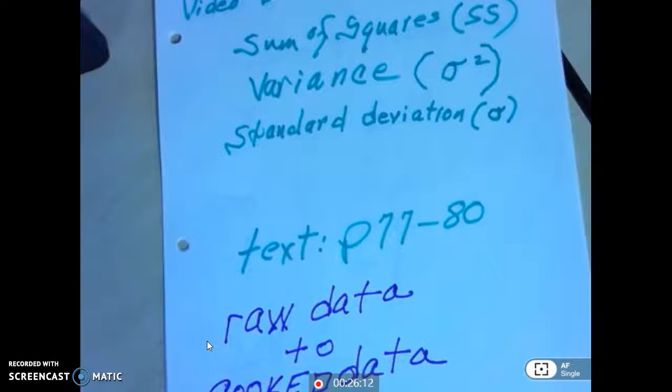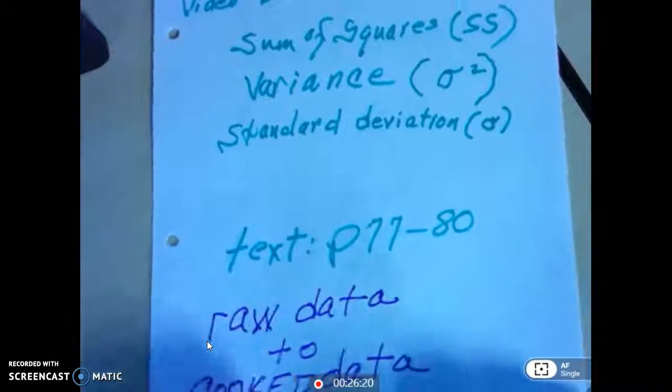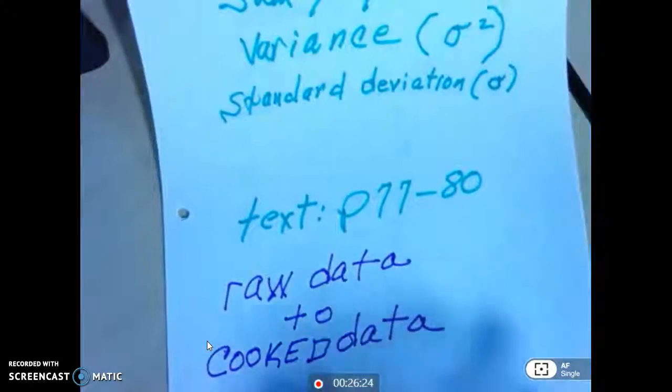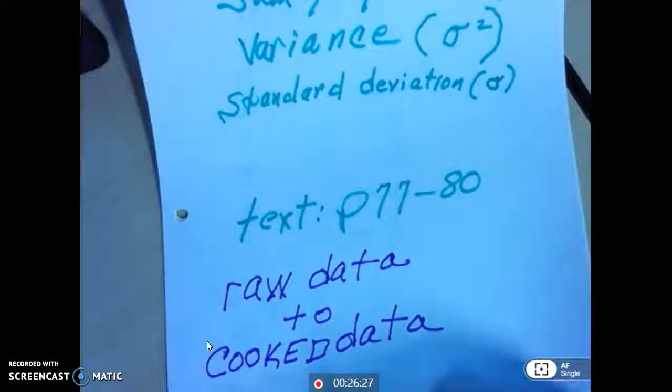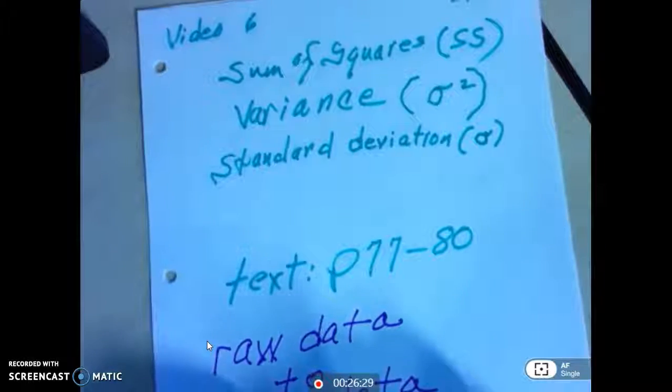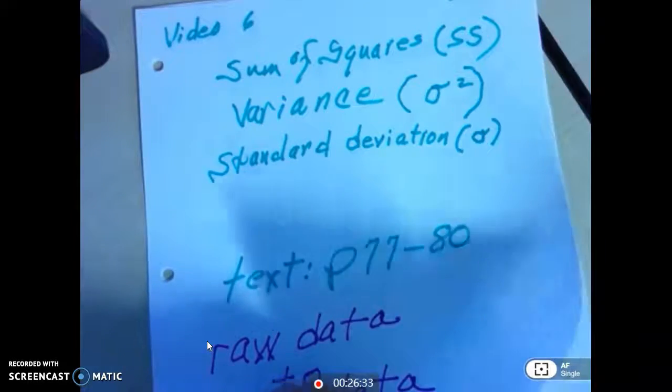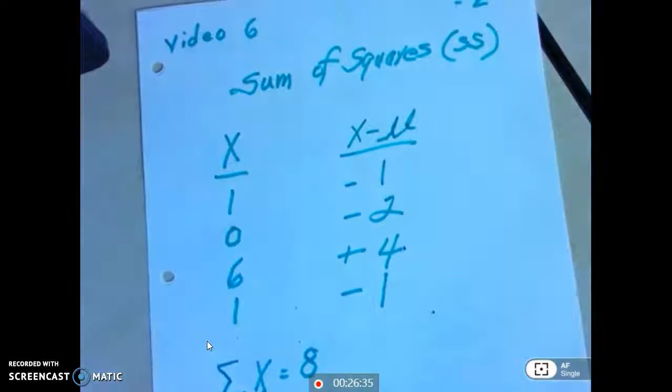I haven't really developed a good method yet with my scientific notation. I see that some of you folks have, and that's great. I really appreciate it. Well, this is on the text, page 77 to 80, and we're going to be going from raw data to cooked data.